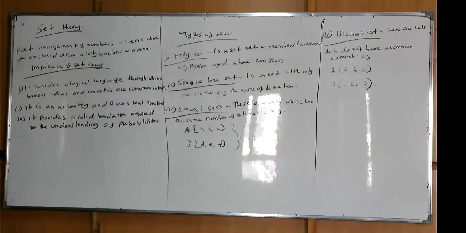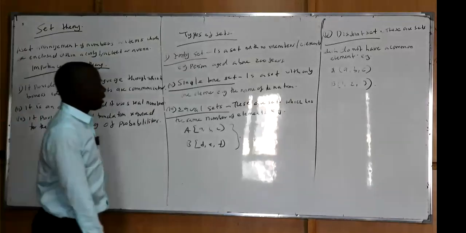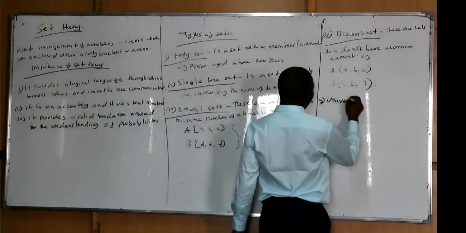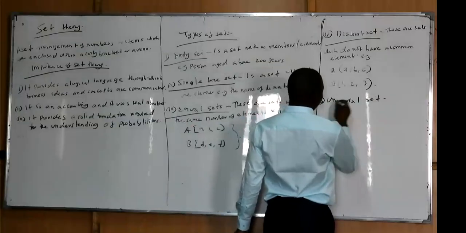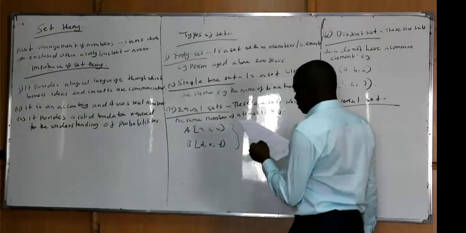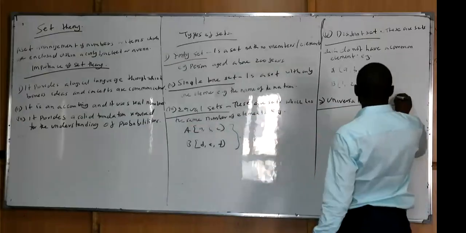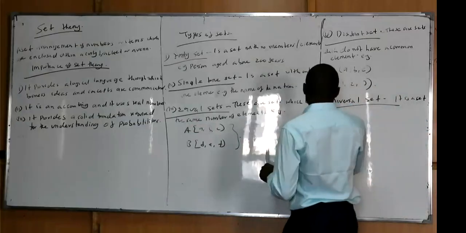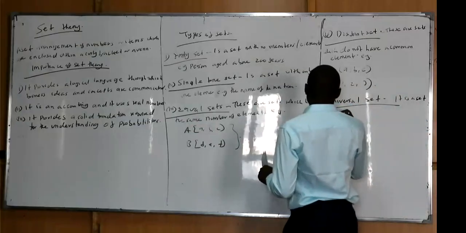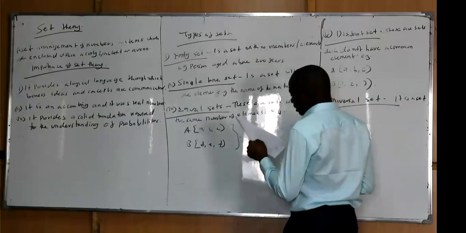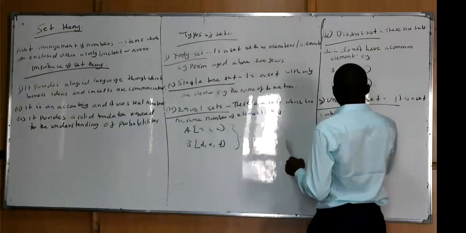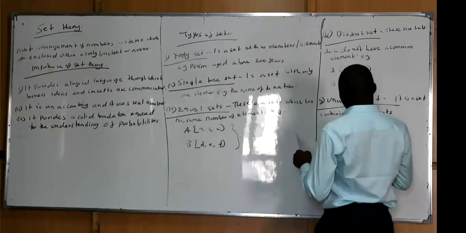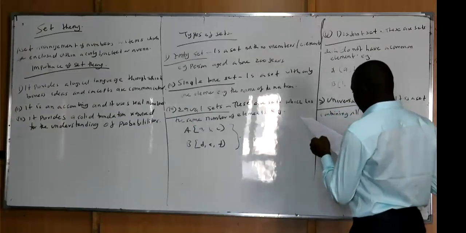Number 5, another type of set is a universal set.